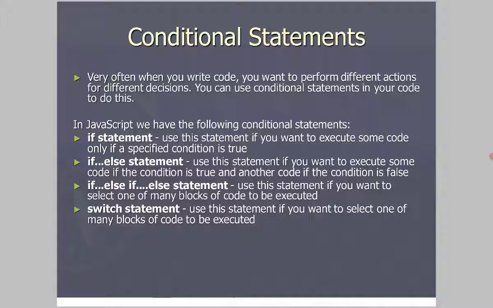Input output statements: what are input output statements in JavaScript? Alert, msg box, document dot write, document dot read. Similarly, prompt is an input statement, msg box is an output statement, alert is an output statement, document dot write is an output statement.